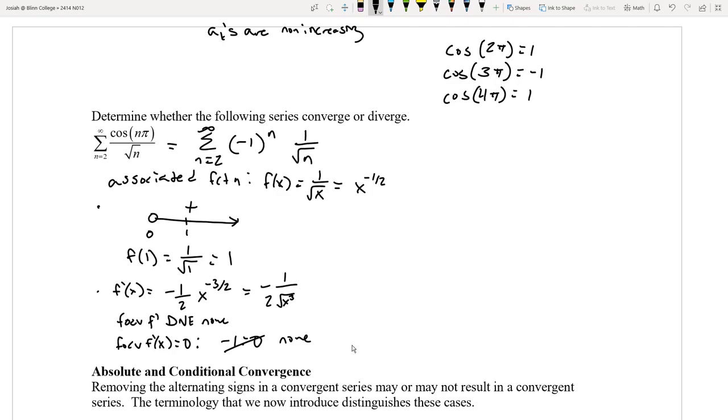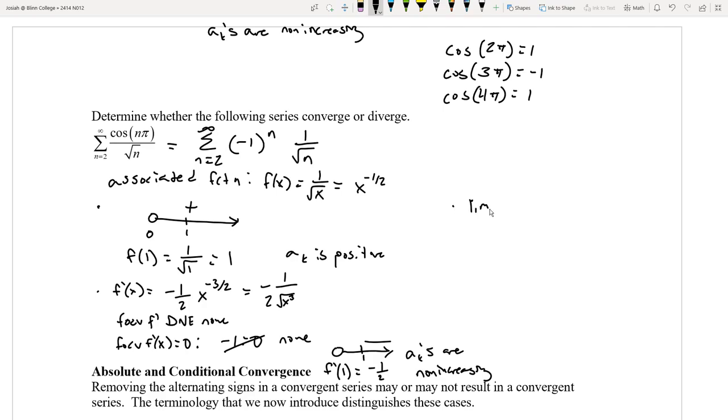So we'll go ahead and have the same exact number line as for the original function. And we'll go ahead and test 1 is still an option, so we'll just use that. F prime of 1 is -1 over 2. So from here, I guess I didn't write my conclusions. The a sub k's are positive, the a sub k's are non-increasing. And finally, we check the limit.